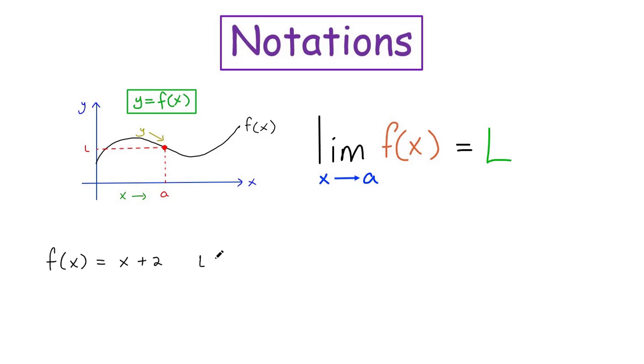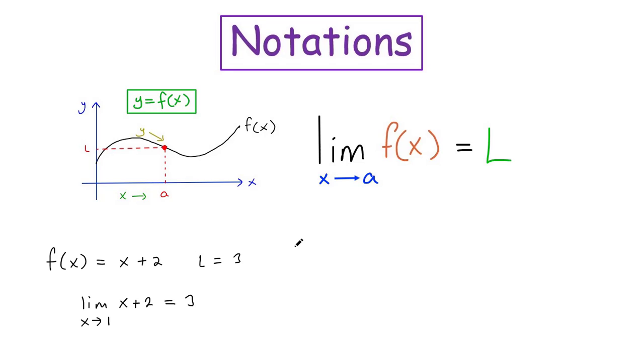So suppose we know that L is equal to 3. So the way we write the limit here is the limit as x approaches 1 of x plus 2 is equal to 3, right? So our a value here is 1, and our f of x is x plus 2, and our limit here is 3, right?